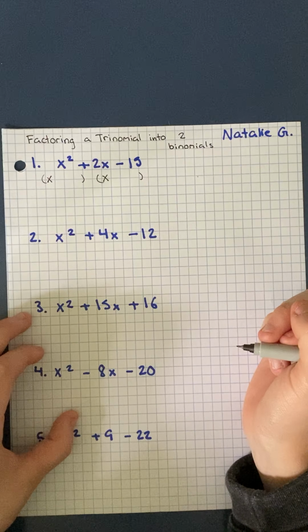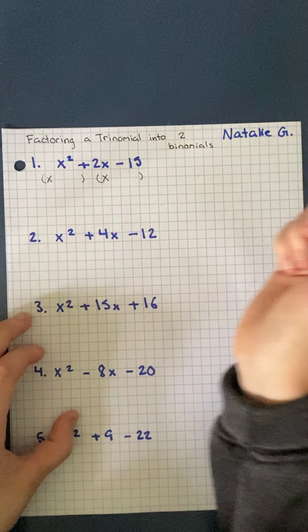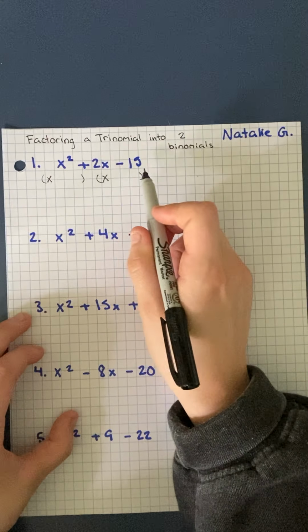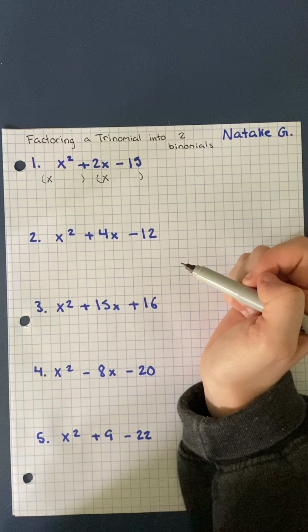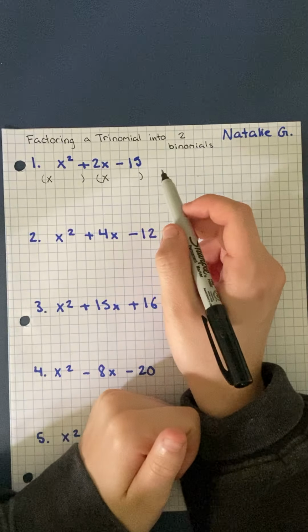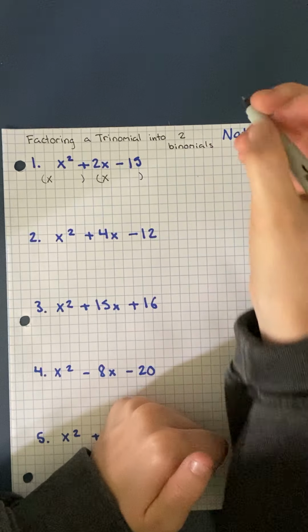And then we're going to move on to the next term, and actually we're going to skip this term and go to the third term, which is negative 15. We're going to look for all the ways we could get this number through multiplication.